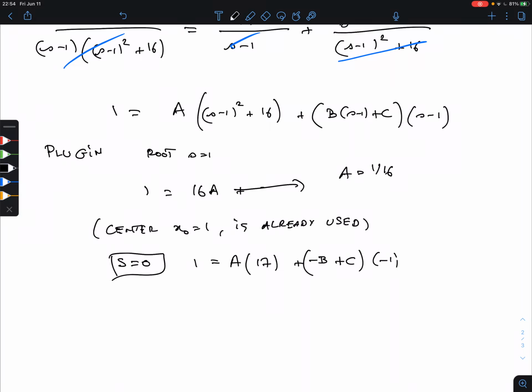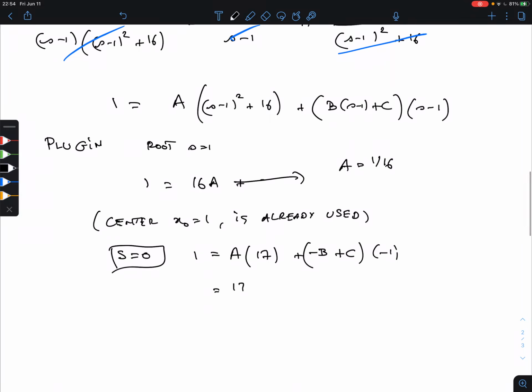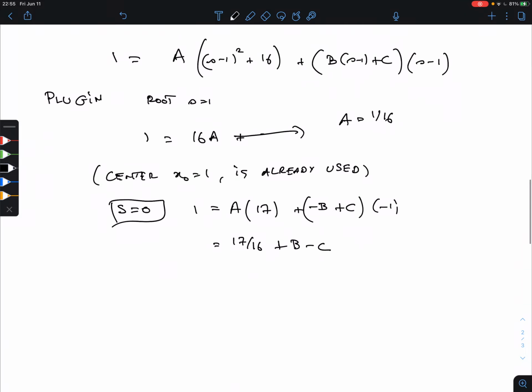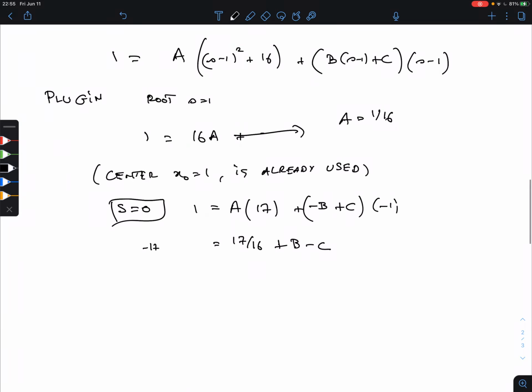But we know what a is, so that is 17 over 16 minus b plus c, wait, plus b minus c. Okay, so bring that to the other side, so this becomes minus 17 over 16 plus 1, so this is minus 1 over 16. So minus 1 over 16 is equal to b minus c.